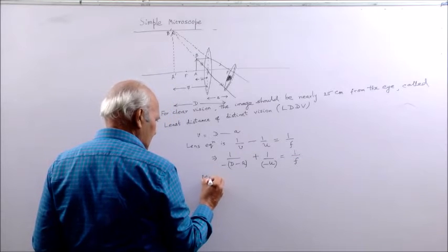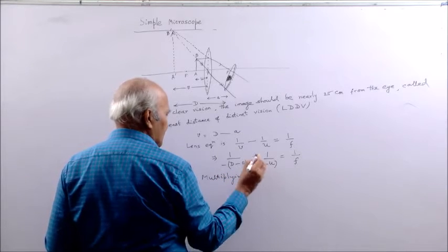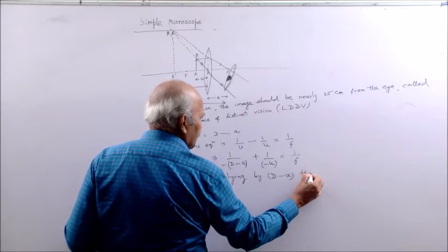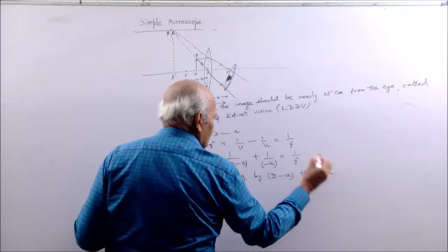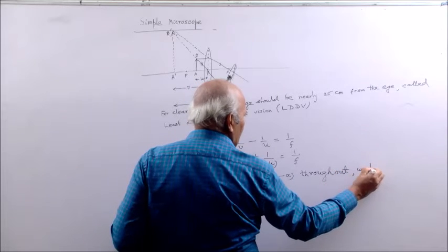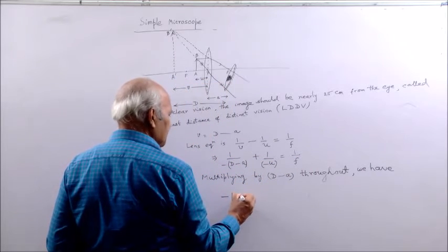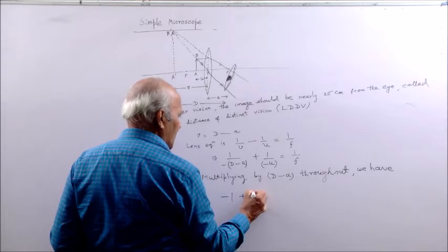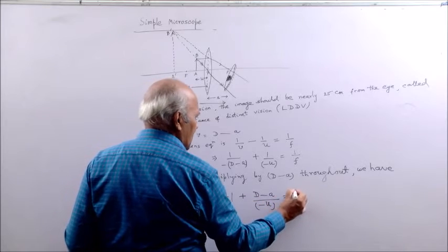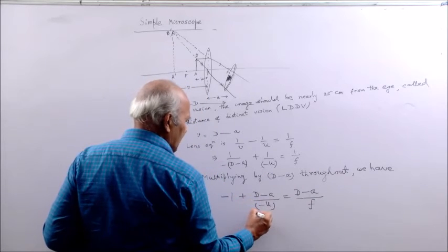Then multiplying by D minus A throughout, we have minus 1, plus (D minus A) by minus U is equal to (D minus A) by F.